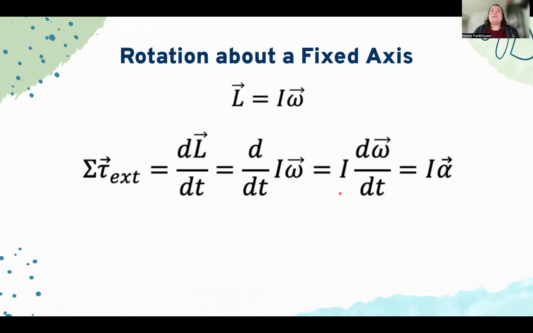And if we assume a constant rotational inertia, this is then the time derivative of the angular velocity. And the time derivative of the angular velocity is angular acceleration. And this circles all the way back to Newton's second law for rotation, which is that the net external torque is equal to the rotational inertia times the angular acceleration, or the linear analog where the net external force is equal to the mass times acceleration.